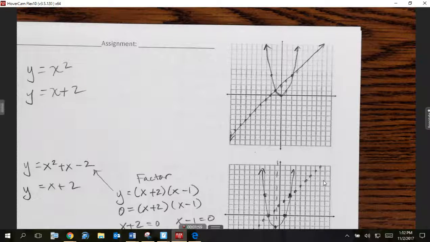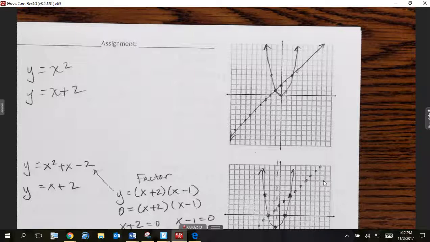Excellent. Okay. So look at this graph. What ordered pairs do they both have in common? How many ordered pairs do they have in common? 2. Can you tell me one of them?